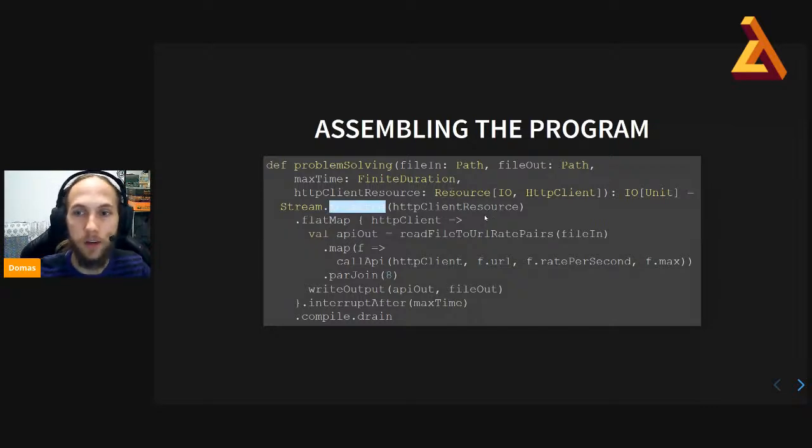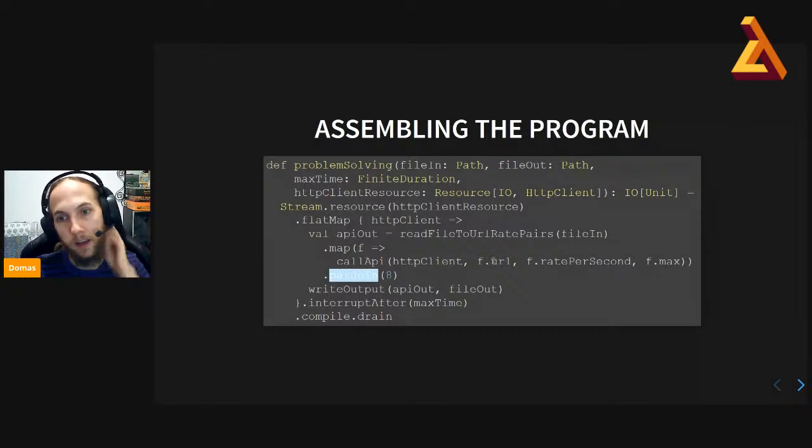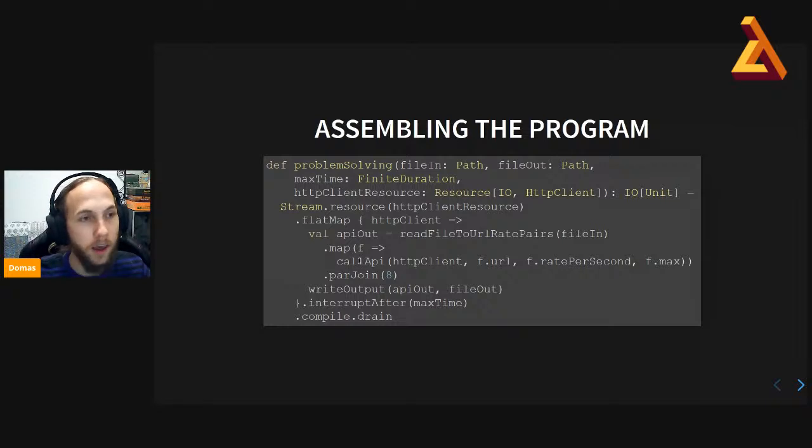So we define a resource of our HTTP client. Then given our HTTP client, we read the file. For every line in the file, we perform this call API function. Then we parJoin with this little 8, and what this means is it will run 8 inner streams at a time. So let's say you have an extremely long file.